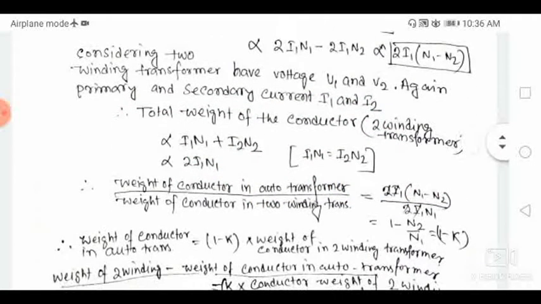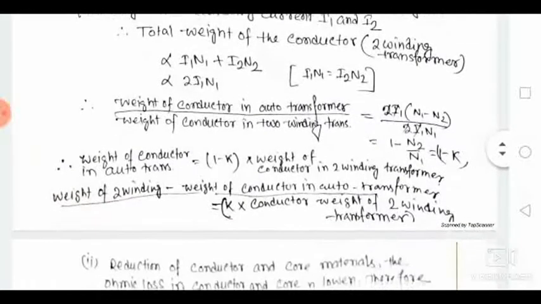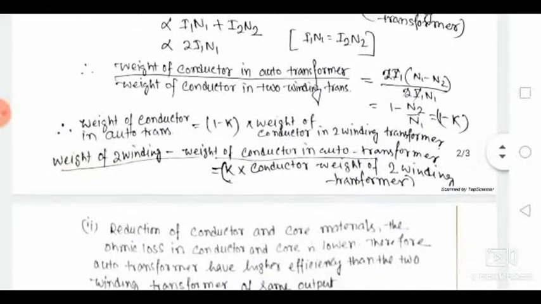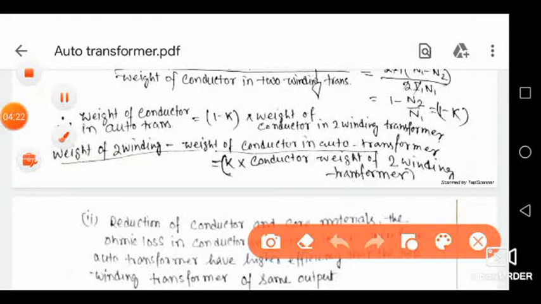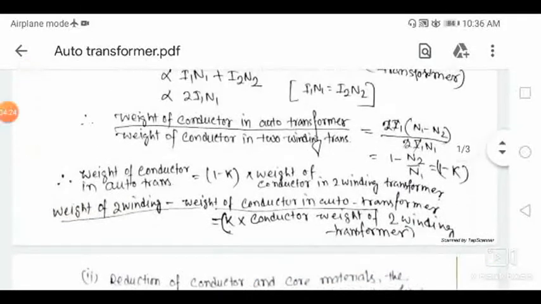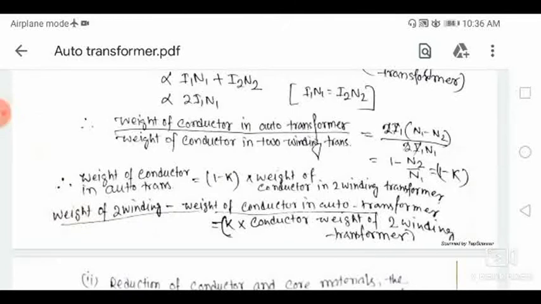Now the weight of conductor in the auto transformer divided by the weight of conductor in the two winding transformer is very simple, that is 2 I1 into N1 minus N2 divided by 2 I1 N1. So here 2 I1 is cancelled out, and the equation equals 1 minus N2 by N1.